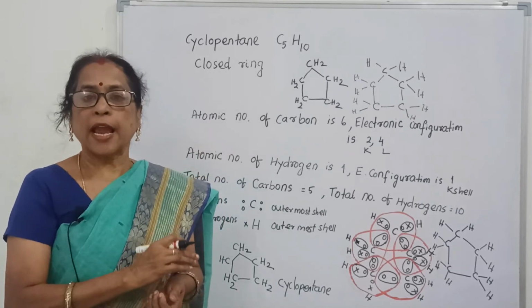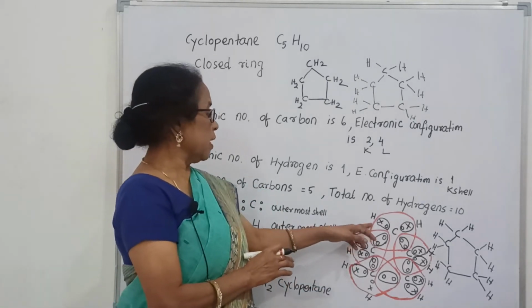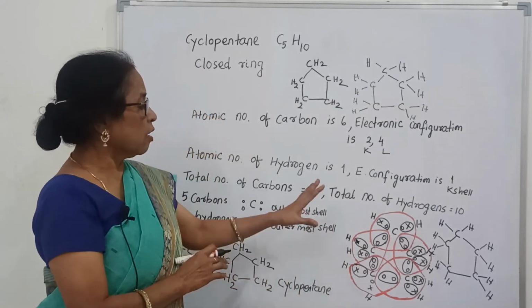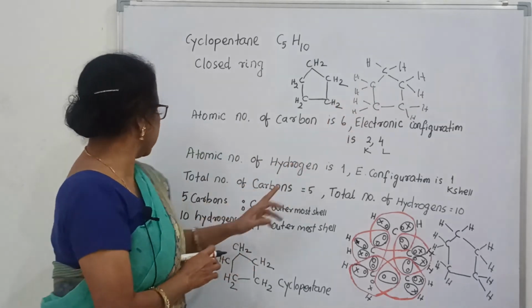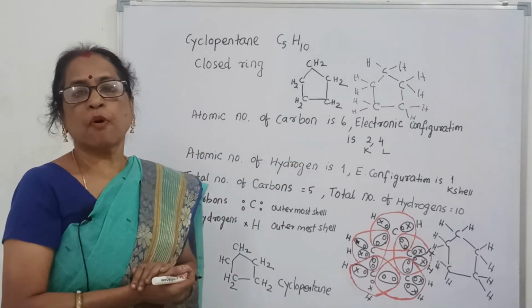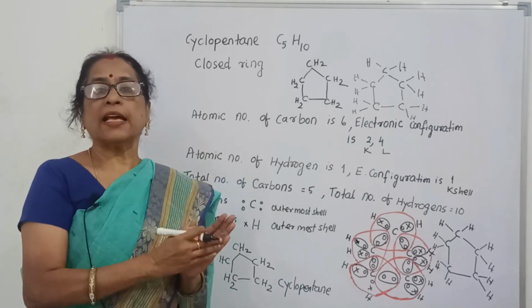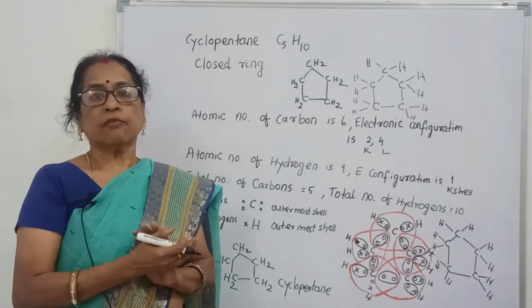Neon belongs to group 18, that is noble gas configuration. So here you can see how many covalent bonds are there. You can check, there are 10 CH and 5 CC, 15 bonds, where 10 CH bonds and 5 CC bonds are formed.